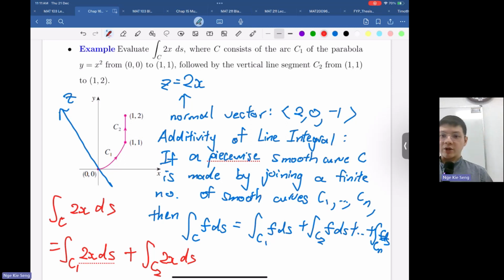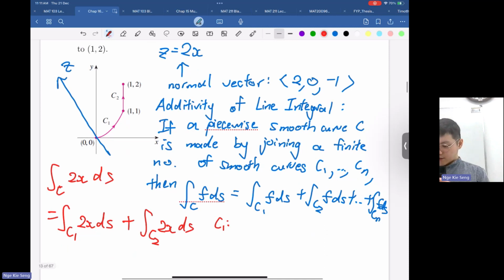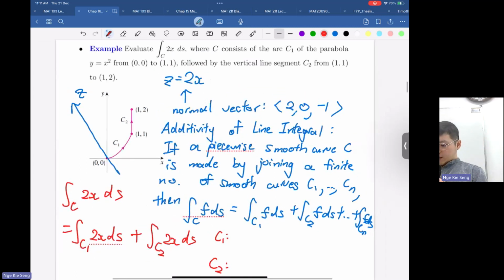And then we need the parametric equation now. So how do you describe C1? How do you describe C2 here? You need to tell me what is x(t) and what is y(t).